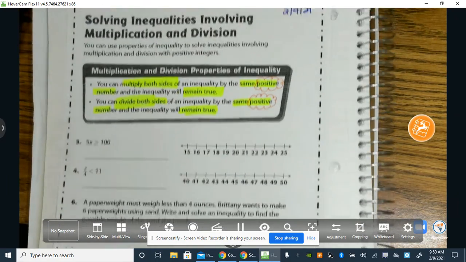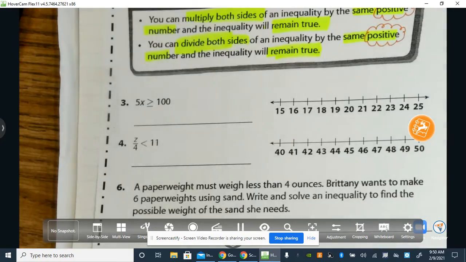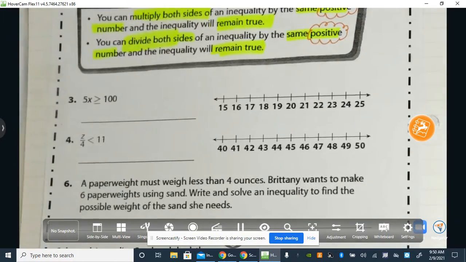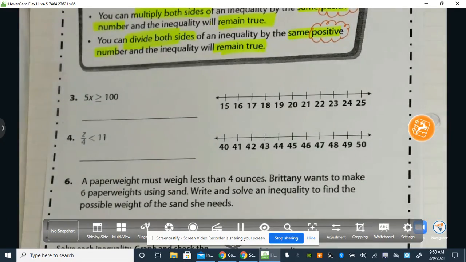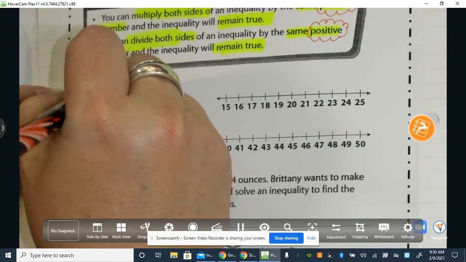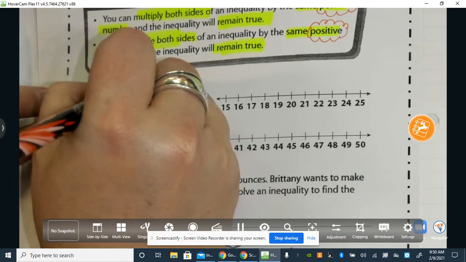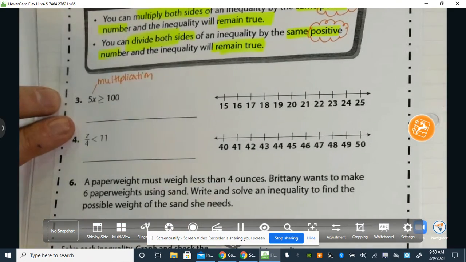So let's look at number 3. So we have 5x is greater than or equal to 100. Let me just kind of scoot that over. Okay. So if I'm looking here, this is showing multiplication. So I've got to do the opposite of multiplication to break that up. So that is division.